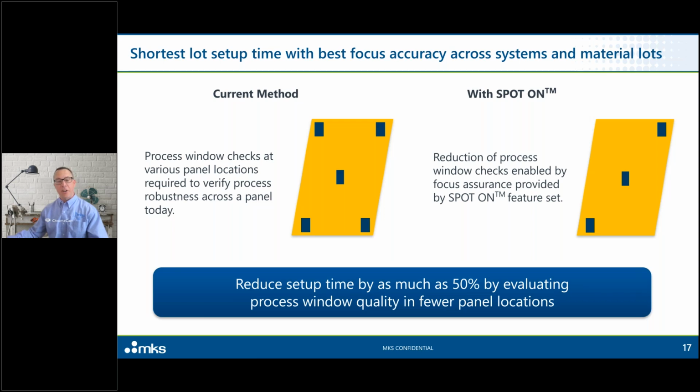Again, depending on if they're going from 5 to 3 or 4 to 2, it really depends on the process. And again, this is somewhat dependent on a customer by customer basis and their internal processes for how they set up the systems and their respective process windows.